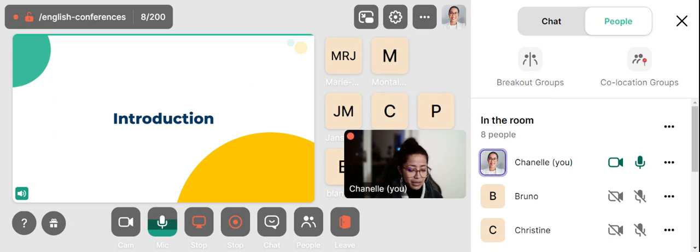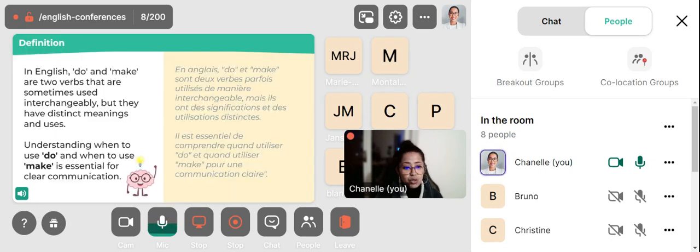So let's have a look at the introduction to do and make. In English, do and make are 2 verbs that are sometimes used interchangeably. So that means they are used either one or the other, but they have distinct meanings and uses.